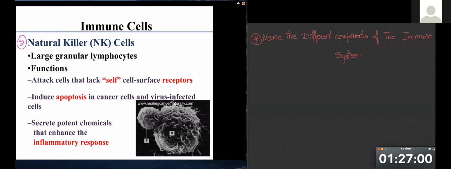What I mean again by innate immunity, I am non-specific type of immunity. I'm not targeting any specific pathogen. I am acting on any non-self antigen. I'm targeting any kind of pathogens that is not presenting self antigens.